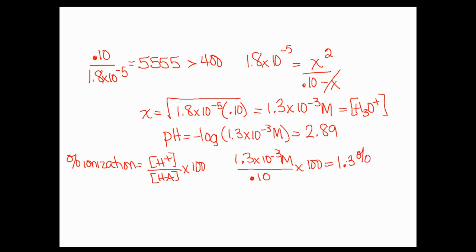Now, here's some interesting points then, and I think really important. Since this percent ionization is less than 5%, we know our assumption in ignoring X was valid.